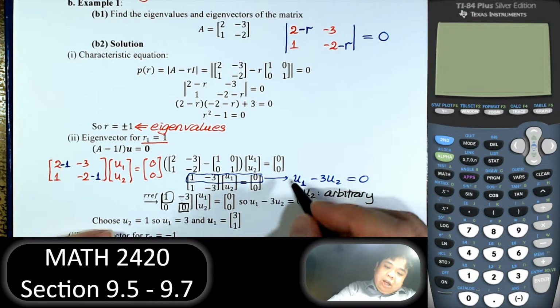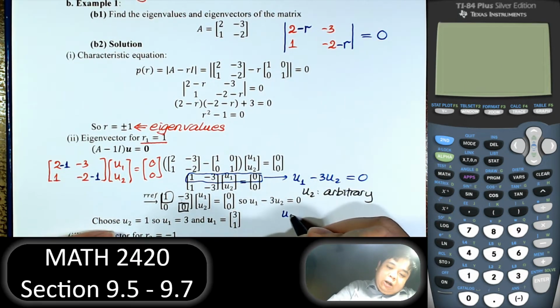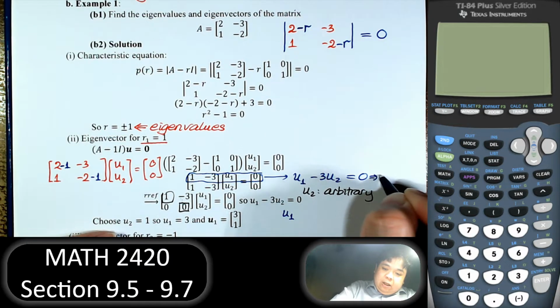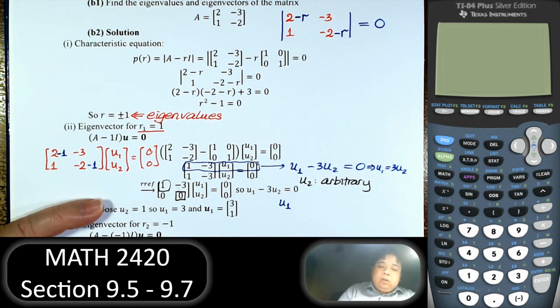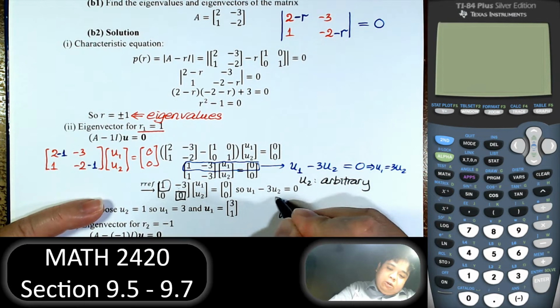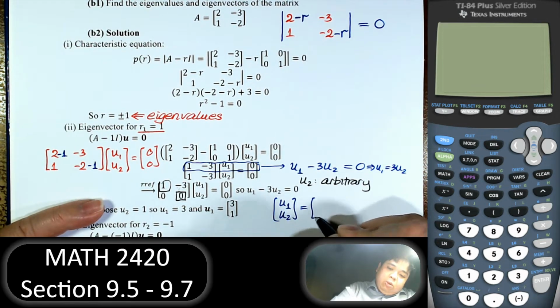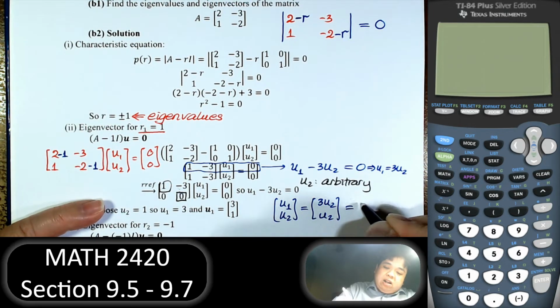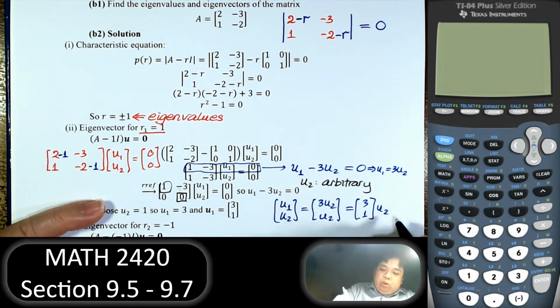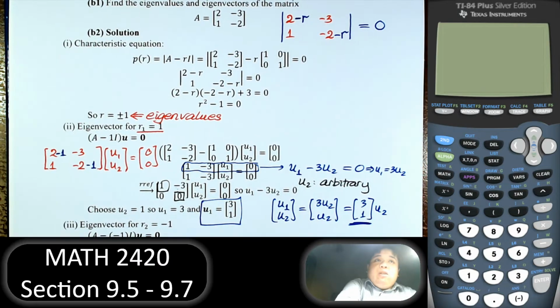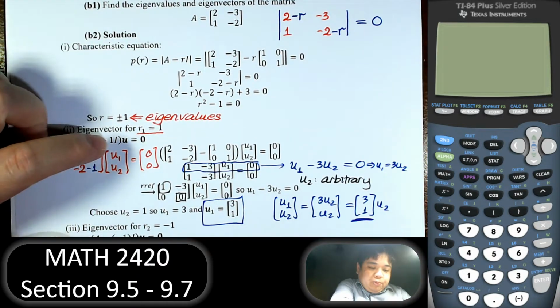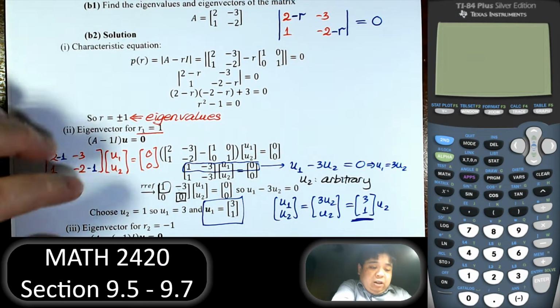In that case, you can rewrite as u1 equal to 3u2, right? So you can say (u1, u2) equal to (3u2, u2). Factor out u2, we have (3, 1) times u2. And this is the eigenvector associated to the eigenvalue 1.